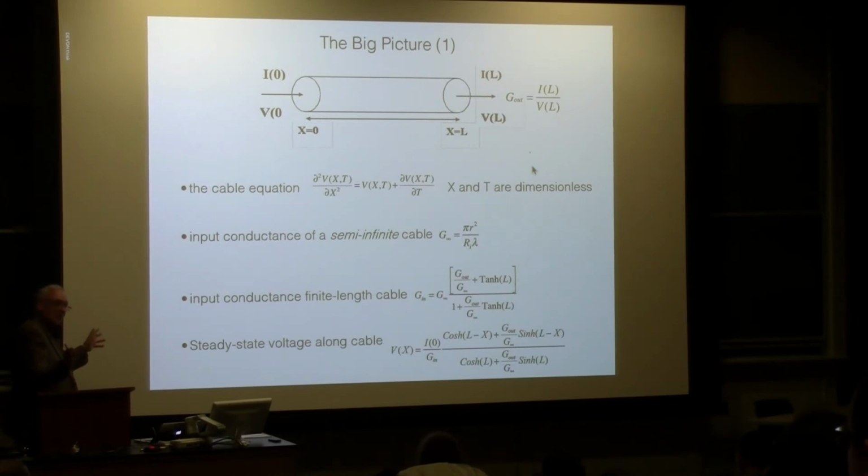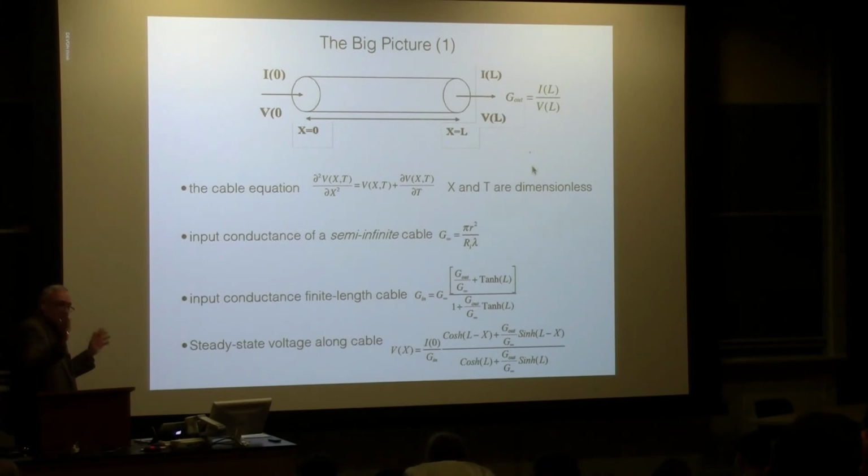Things get a lot more complex when the system isn't in the steady state, but there is a Rall theory for that. And if any of you are interested, I've got this document called The Tome, which is like 100 pages long, and I wrote it up on Rall cable theory.